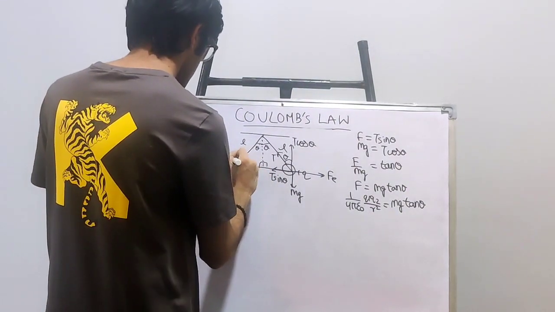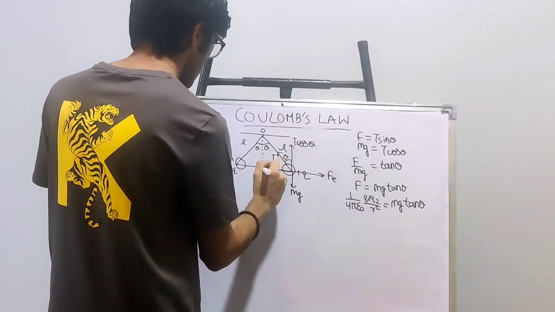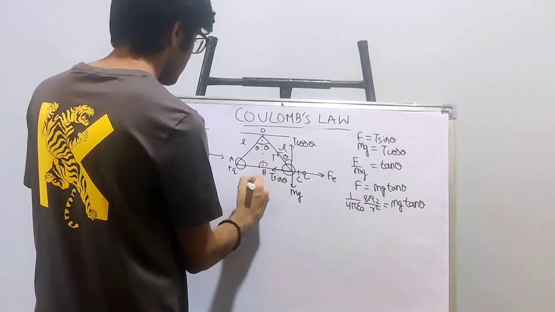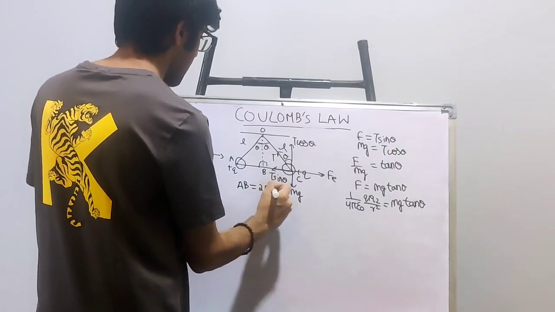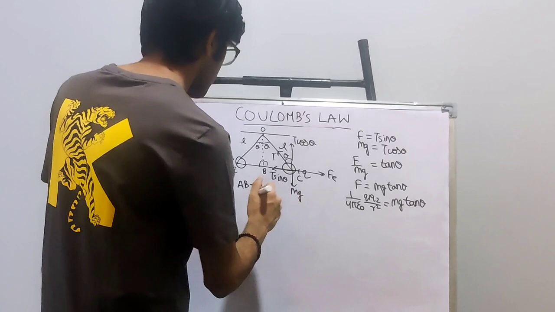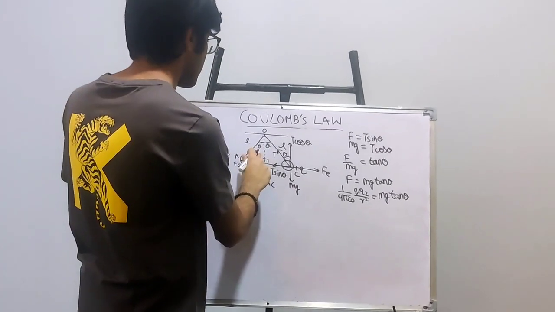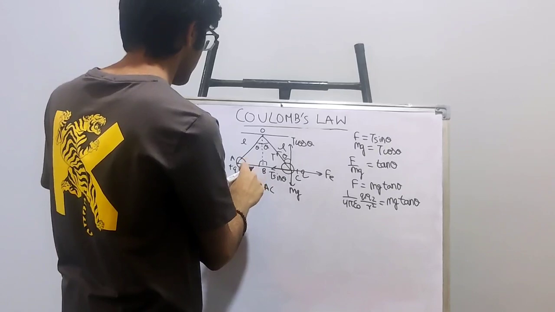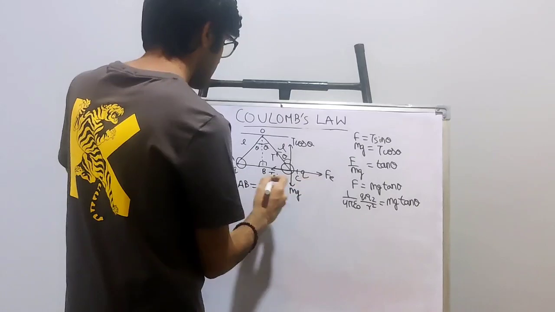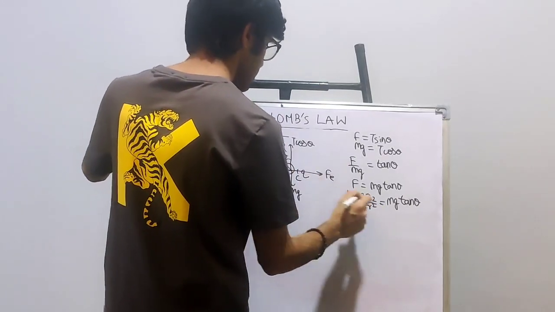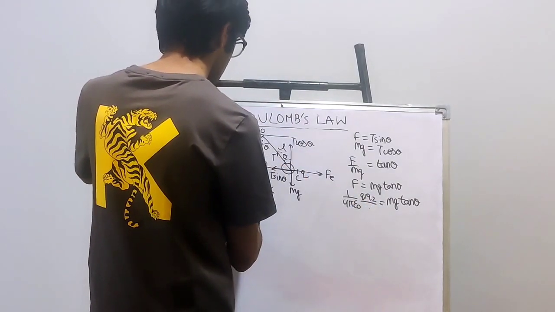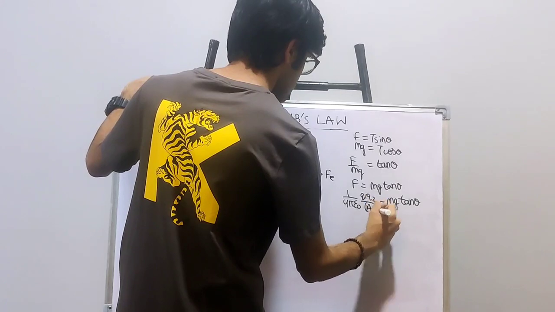Let's say this is A, this is O, this is B, and this is C. So by geometry we know that AB is twice of AC, and to calculate tan theta, which is perpendicular upon base, we don't have either of them. So let's say R is nothing but AC, because R is the distance between the two charges, right? So R is AC, so this is AC whole squared.